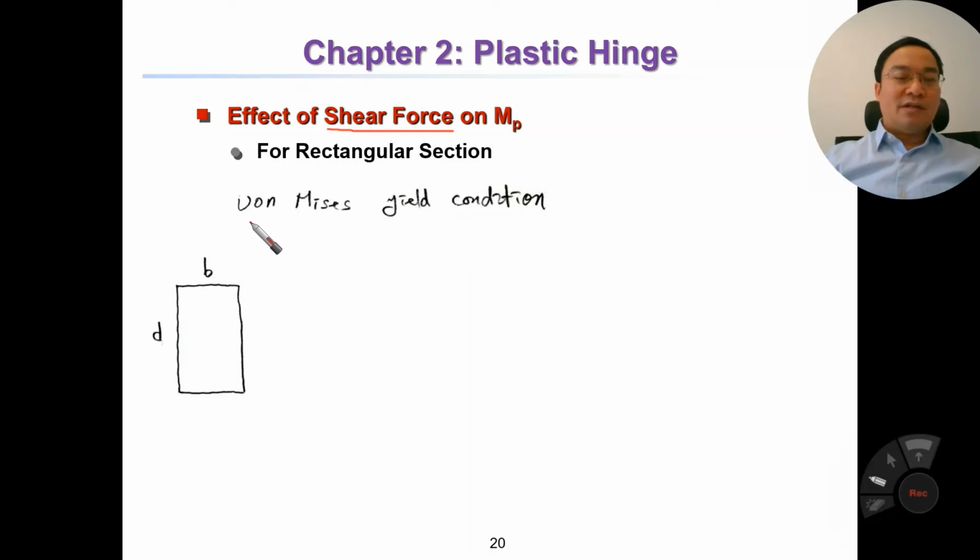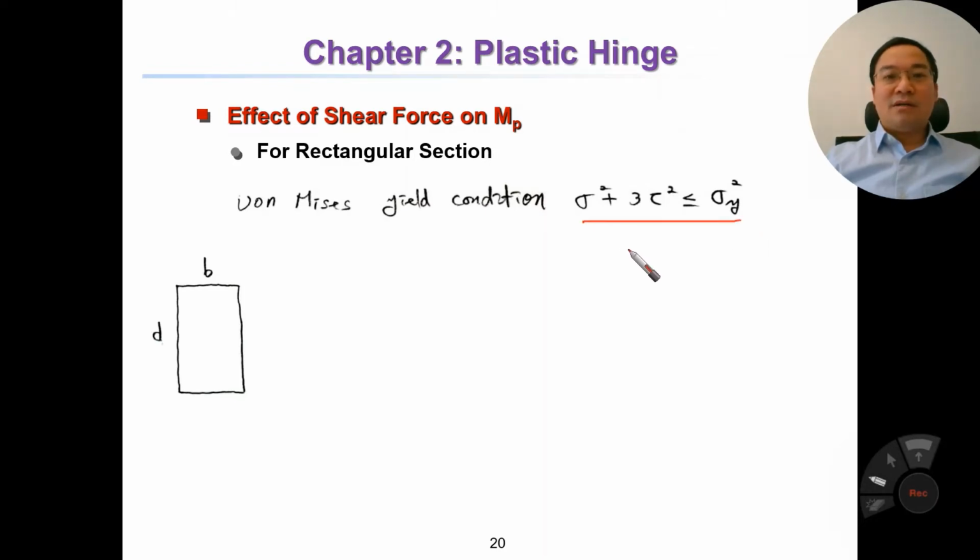Have you ever heard about von Mises yielding condition? I believe you already learned about it, right? For shear force, it is this equation. It is the von Mises yielding condition.